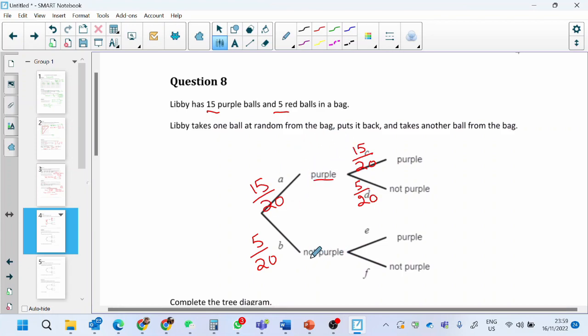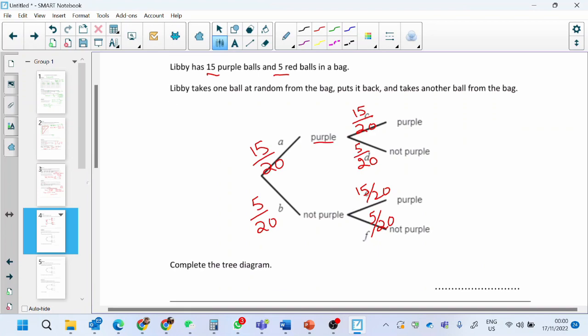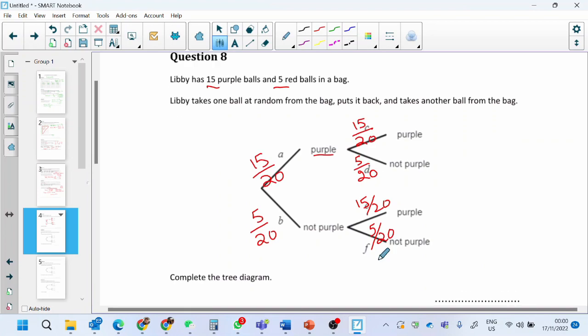If it was not purple, even then the probability of both purple and non-purple remains the same. So complete the tree diagram, which we have completed already. This is how you can complete both of the tree diagrams.